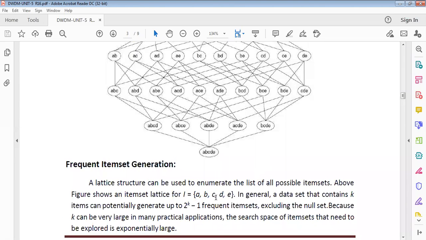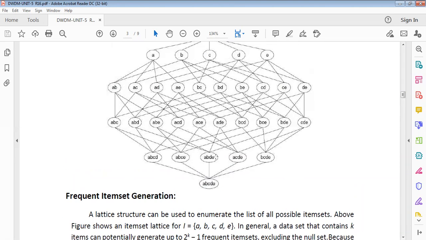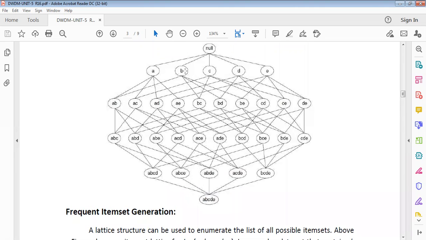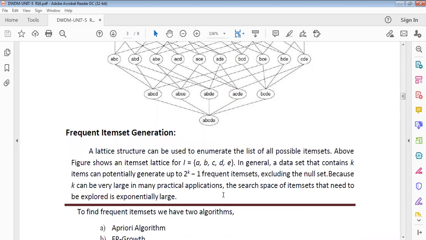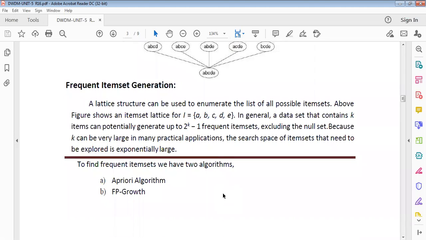Total items are A, B, C, D, E. One customer purchased A, B, C, D, E, and another customer purchased A, B, AC, AD, AE, BC, BD, CD, CE, BE, ABC, ABD, and so on. Which items are frequently purchased, only those you have to consider. Finally, you get ABCD.